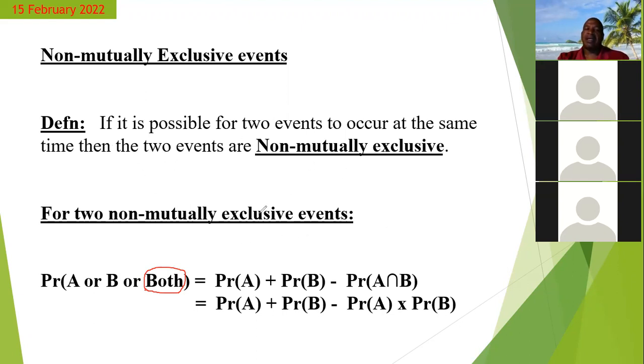Now, how we calculate the probability of non-mutually exclusive events follows a similar pattern to when we are doing Venn diagrams for two sets.